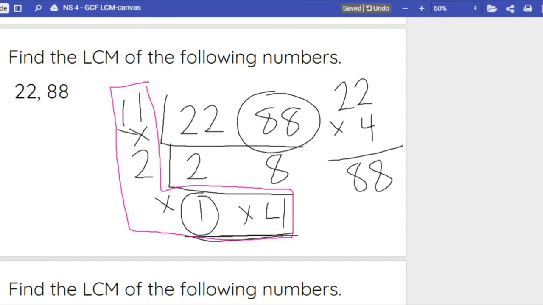But the least common multiple, right? If I count by 22s, I get 22, 44, 66, 88. And if I count by 88, my first number is 88. So the smallest or the least multiple that they have in common is actually 88.